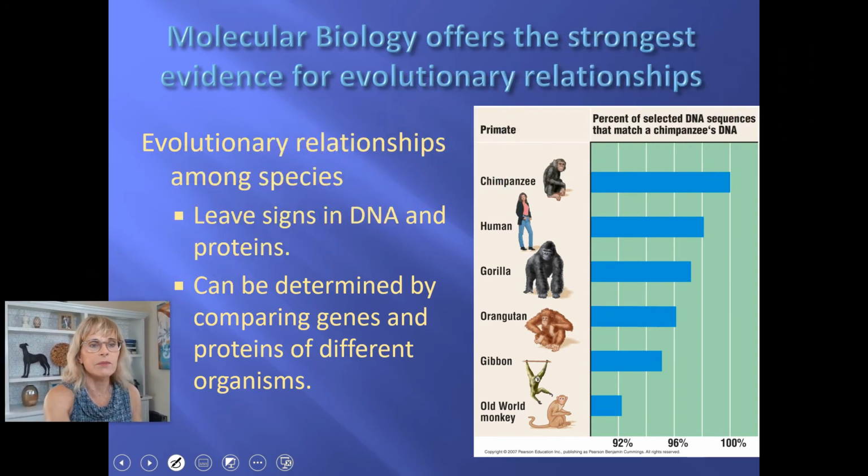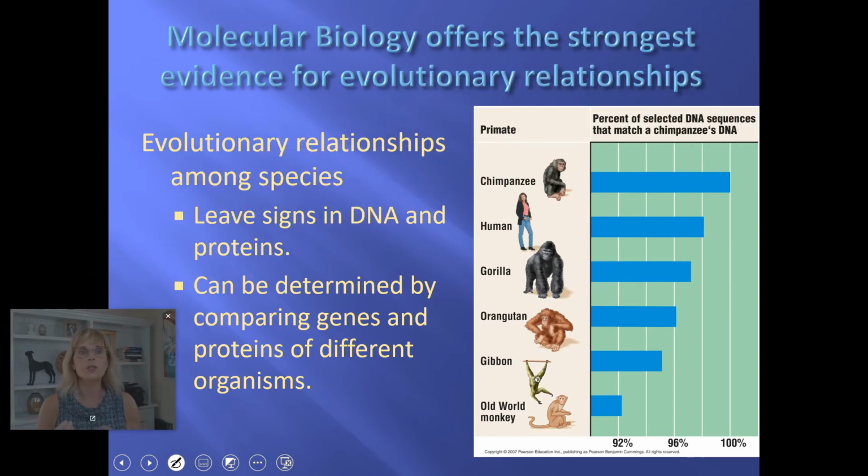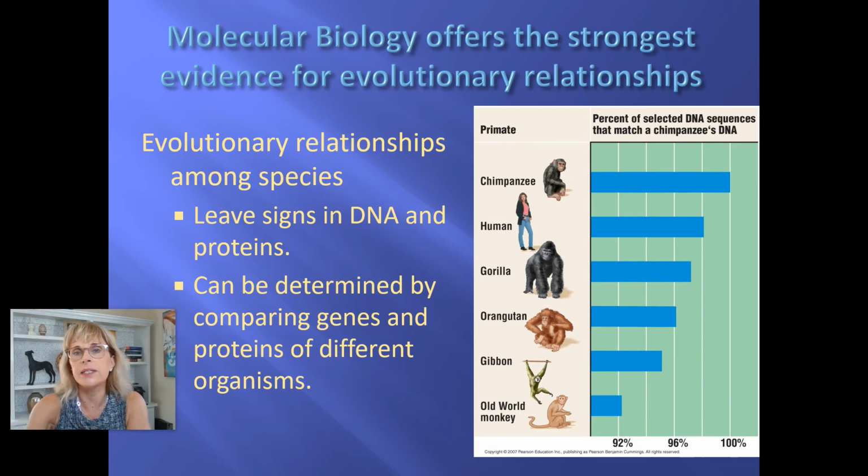Now, when it comes to evolution, by far the strongest evidence is in our DNA. If you look at the DNA of a chimpanzee and the DNA of a human, human DNA is 98% identical to the DNA of a chimpanzee.